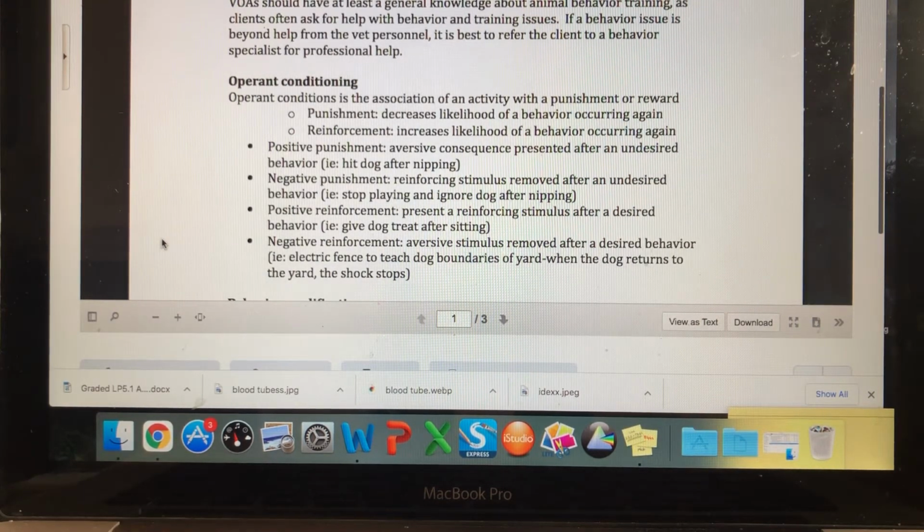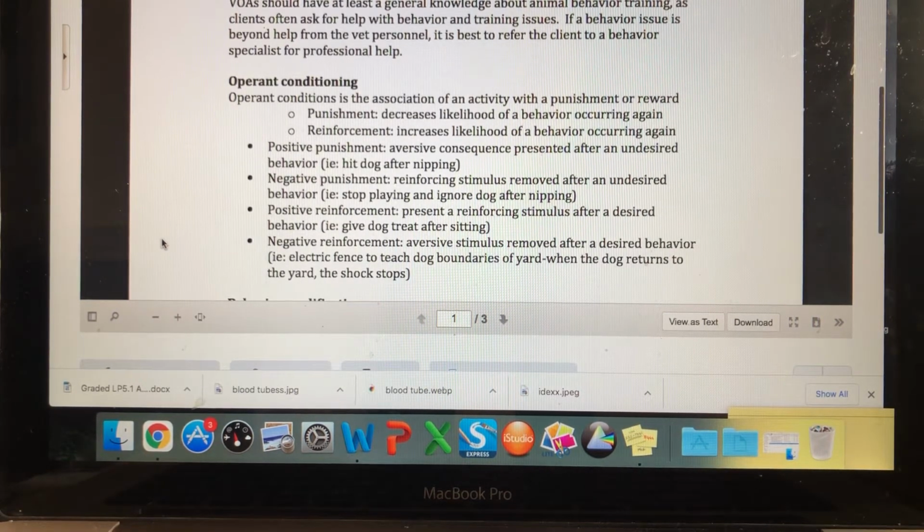And then moving on to the reinforcement ones, a positive reinforcement, which is honestly the best way to do training with animals, is when they've done a good behavior, something you want to see, a desired behavior, and you present a reinforcing stimulus. So you tell the dog to sit and they sit, you give them a treat. That's positive reinforcement.